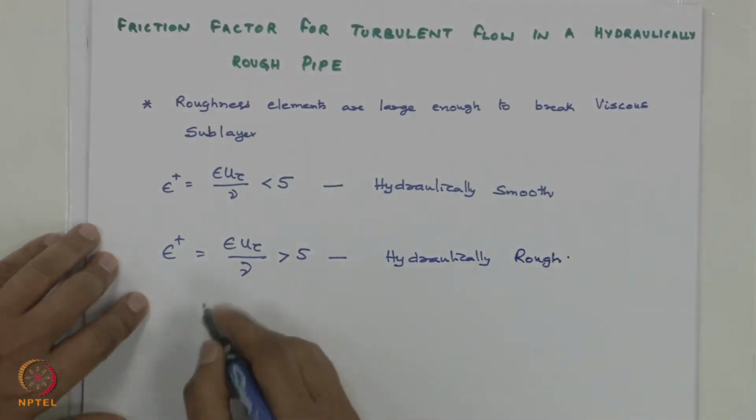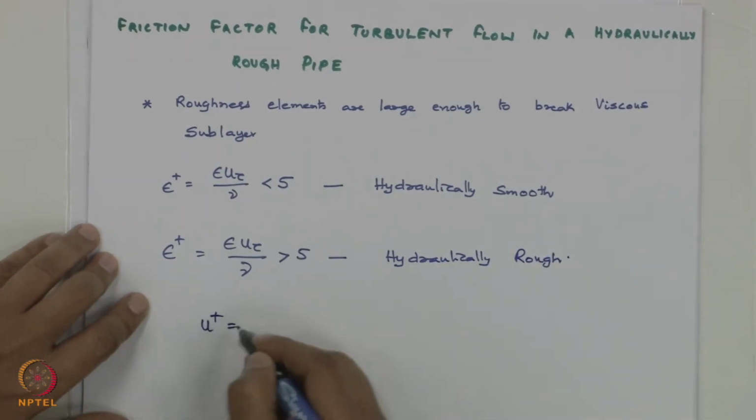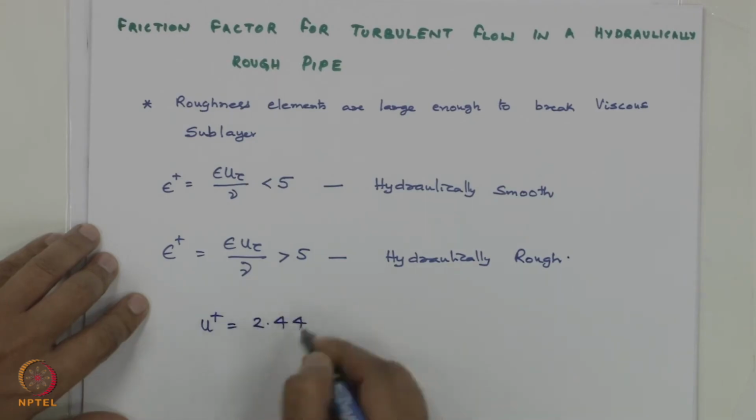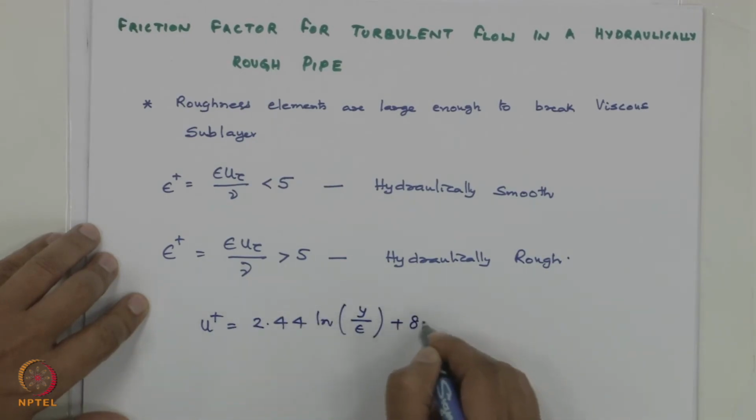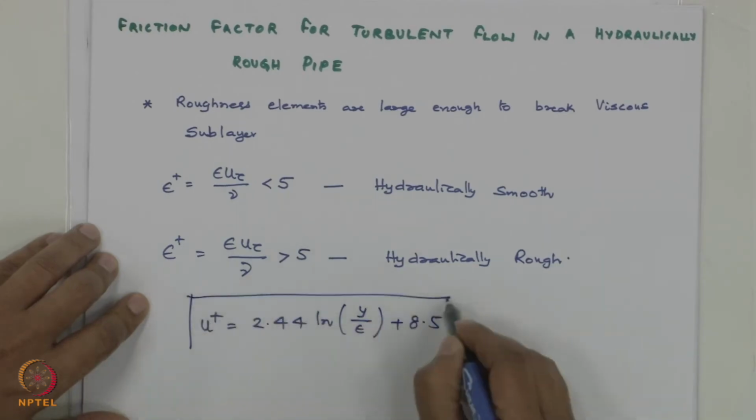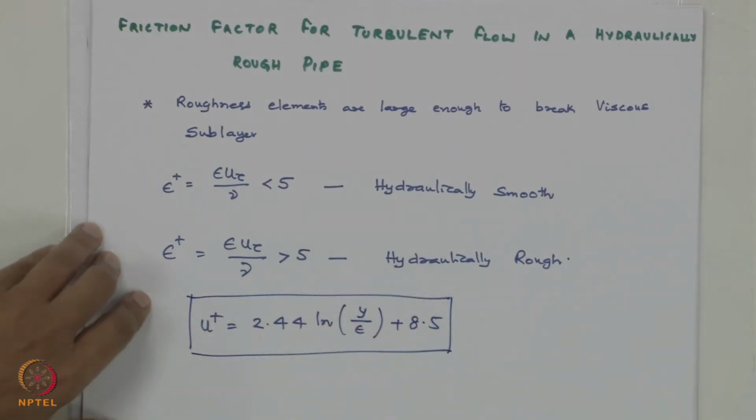So, from experimental data, it has been found that u plus equal to 2.44 log of y by epsilon plus 8.5. How do we get this? I will explain you now. Let us take our general relation, the universal velocity profile.